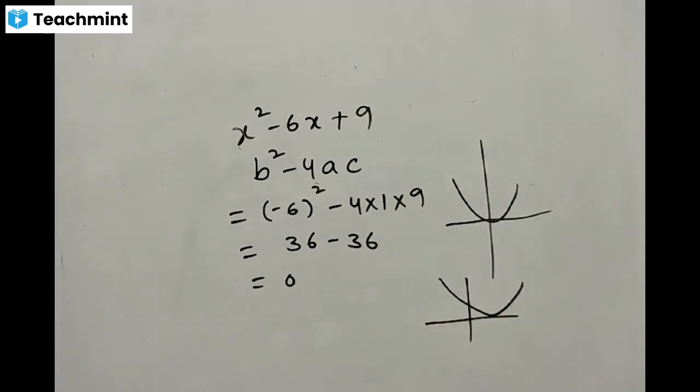Like this. Understood now? If b square minus 4ac is 0, the graph is going to touch the x-axis at only one place. Understood now?